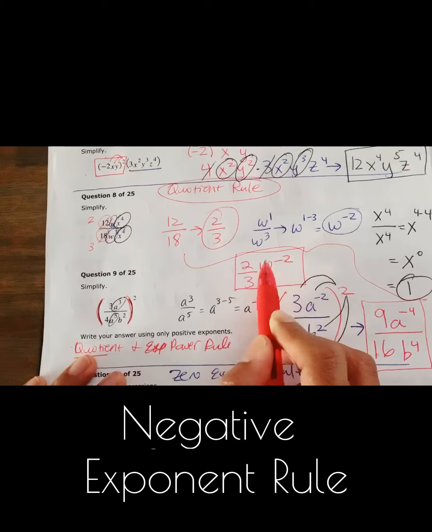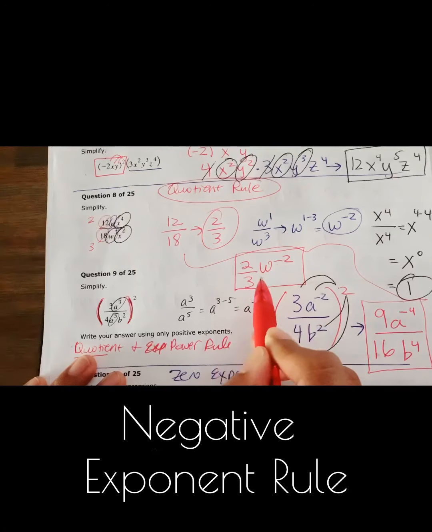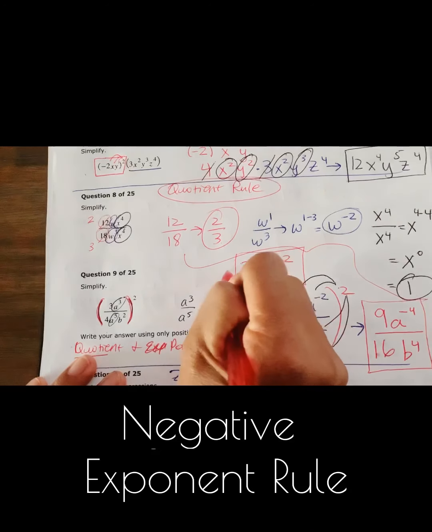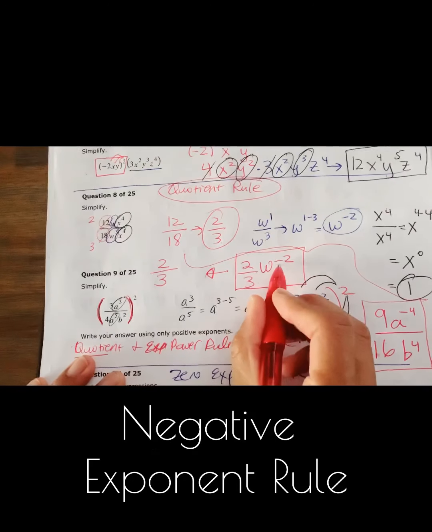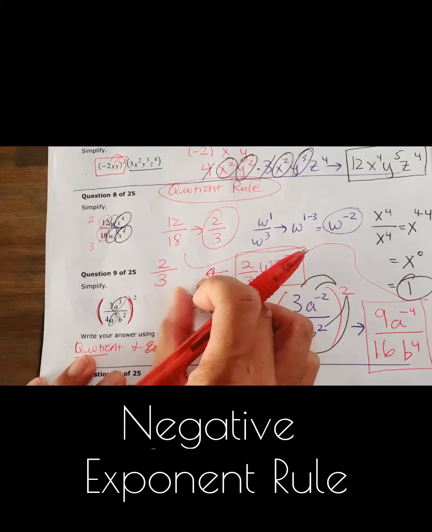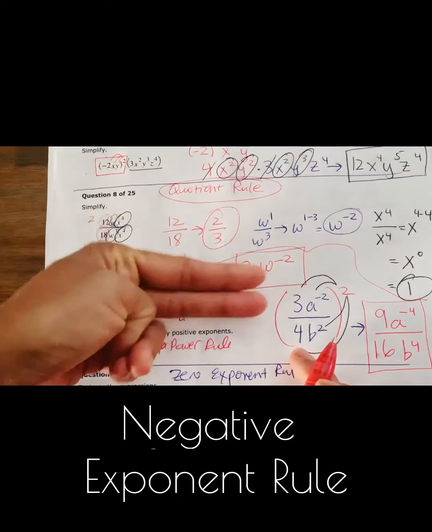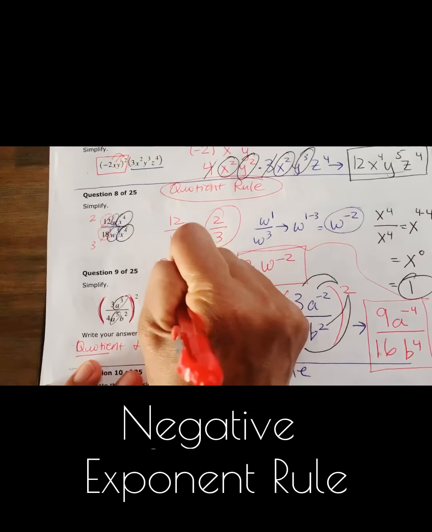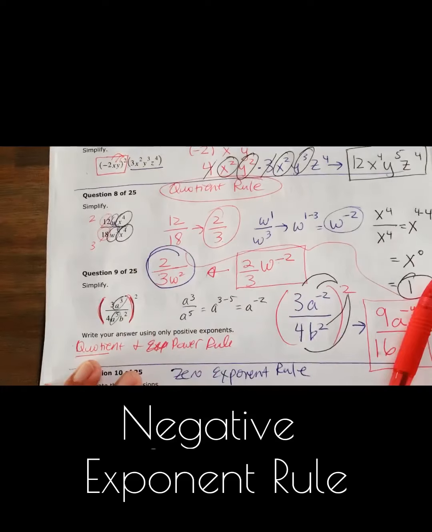Since w to the negative 2 was on top earlier, and because it's negative, I want to make it positive, so I bring it downstairs. In other words, I'm just flipping it: it was in the numerator, now it becomes the denominator. So we have 2/(3w squared). This becomes the final answer for number 8.